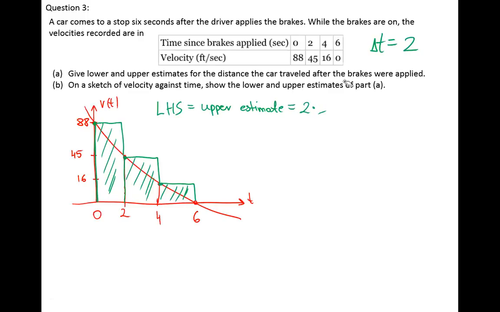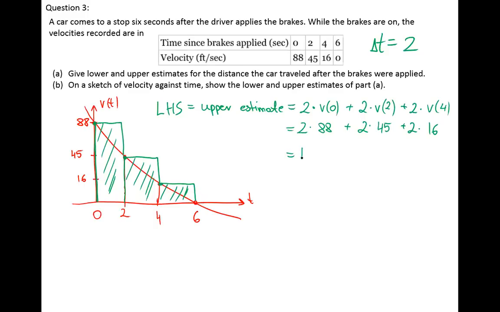Maybe I can write this for you at 0, and then 2 times the value of the velocity at 2, and 2 times the value of the velocity at 4. The value of the velocity at 0 is 88. The velocity at 2 seconds is, you can watch what I'm doing, 45. And then for 4 it is 16.